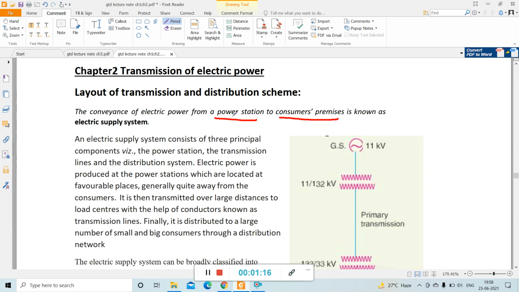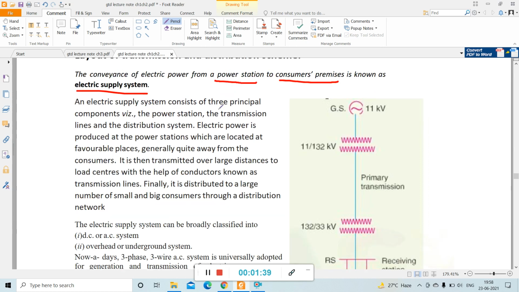That means power station is where the electricity is generated, and consumer premises means the customer or people or consumer. So the conveyance of electric power from the generating station to the consumer is known as electric supply system.